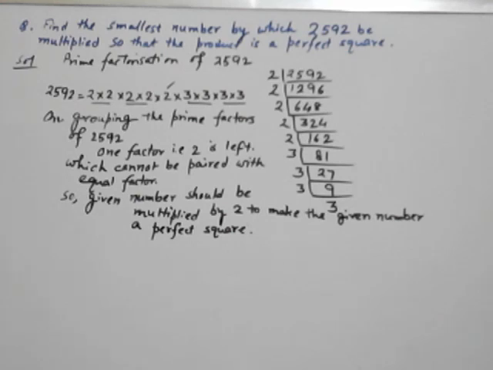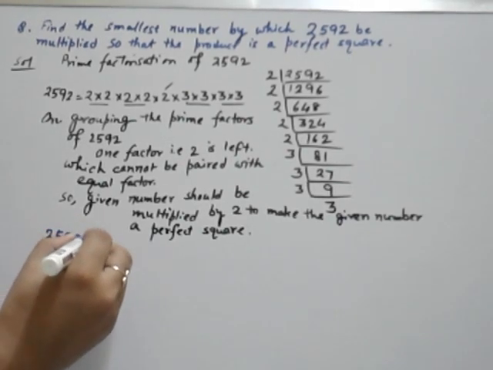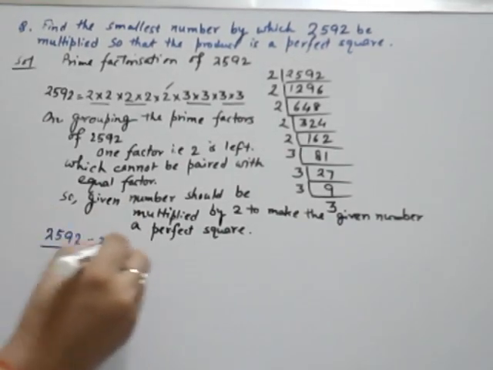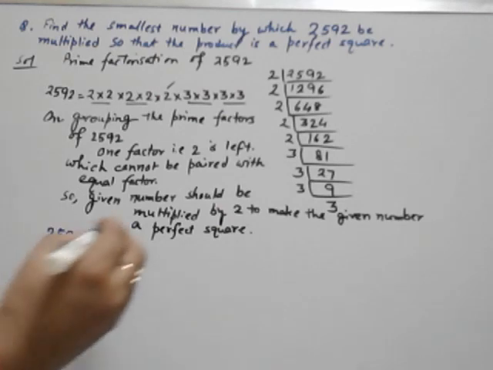That number is the perfect square number, because all the factors are paired with prime factors.